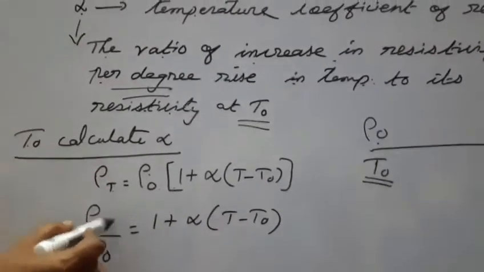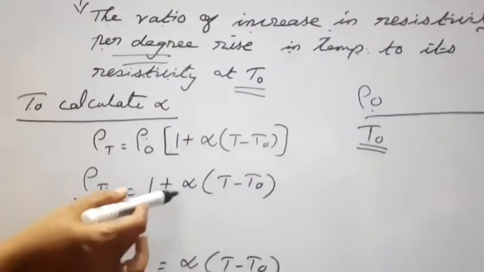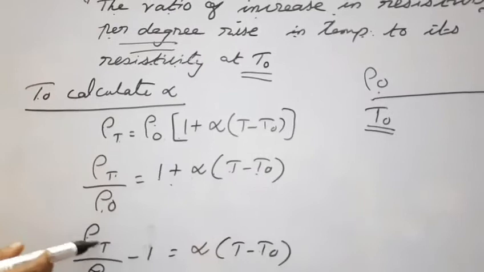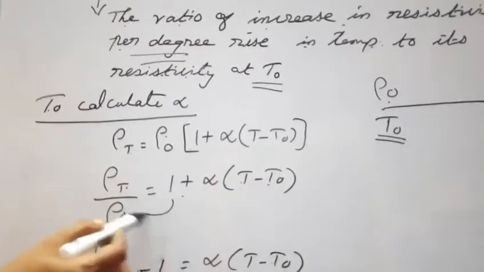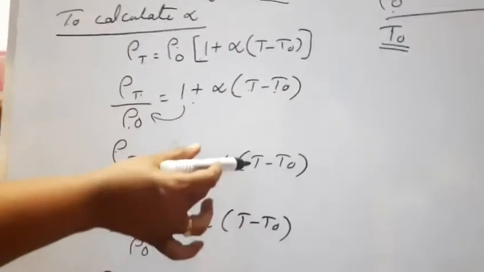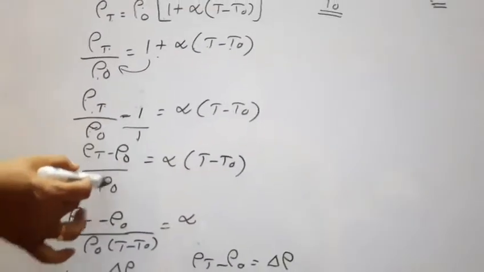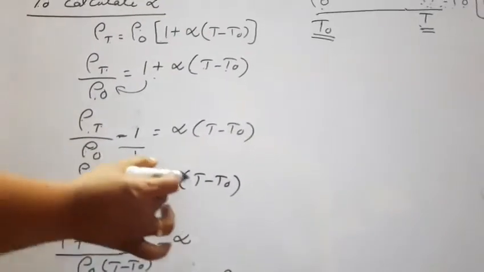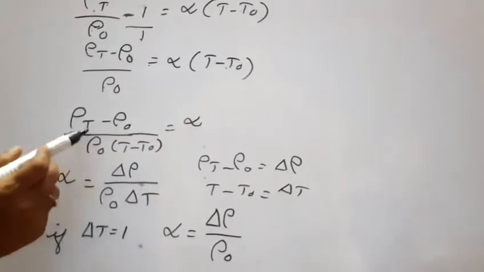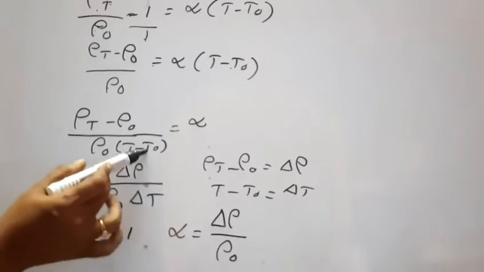Therefore, rho T by rho naught equals 1 plus alpha into T minus T naught. Rho T by rho naught minus 1 equals alpha into T minus T naught. Taking LCM, rho T minus rho naught by rho naught equals alpha into T minus T naught, and alpha equals rho T minus rho naught by rho naught into T minus T naught.